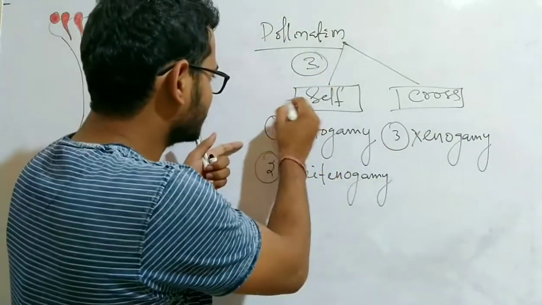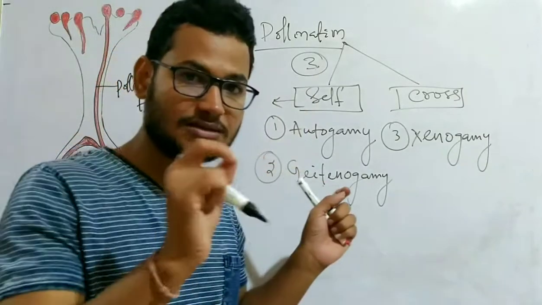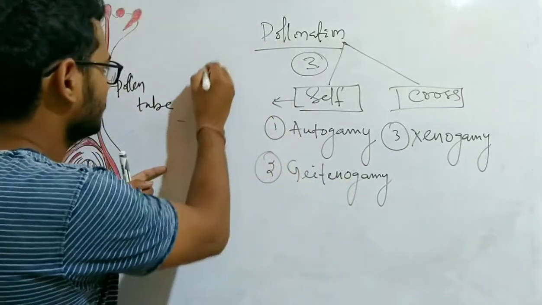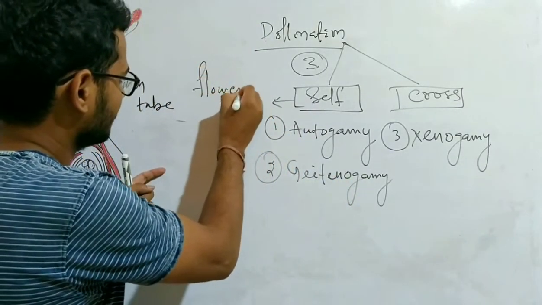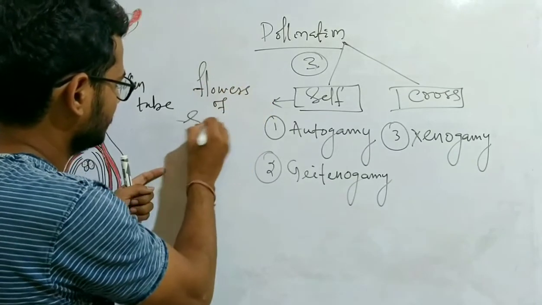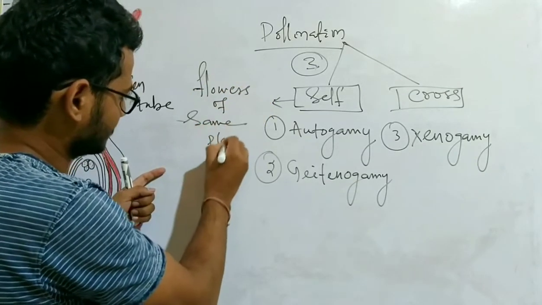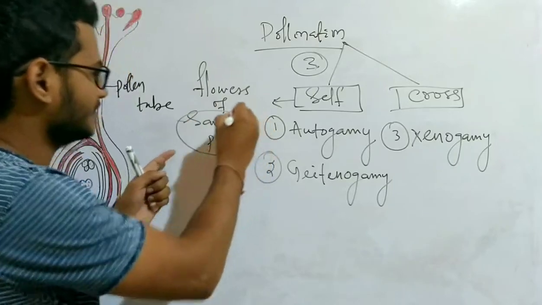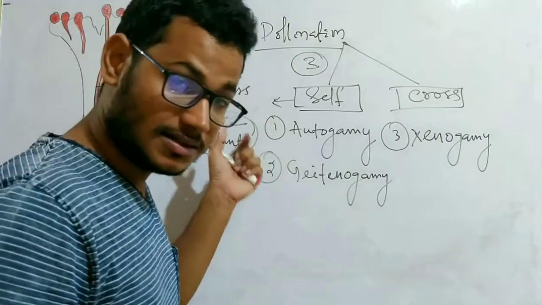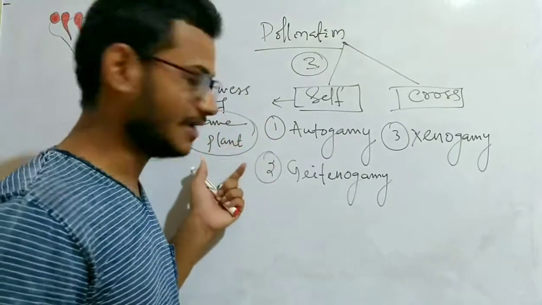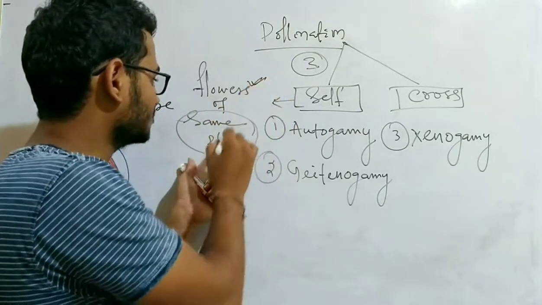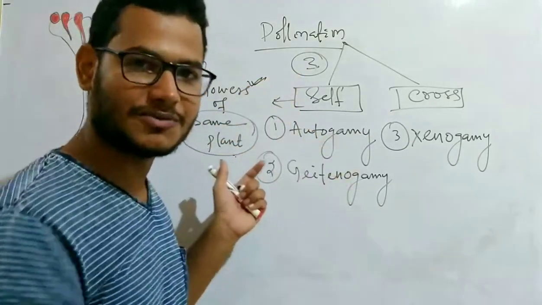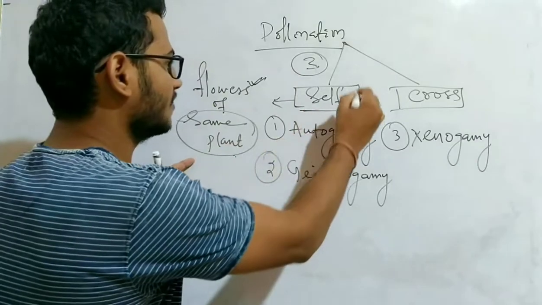So self-pollination means what? When the pollination takes place within the flowers of the same plant. When the pollination takes place inside a single plant, within the different flowers of a single plant or the same flower of a plant, it is called self-pollination.